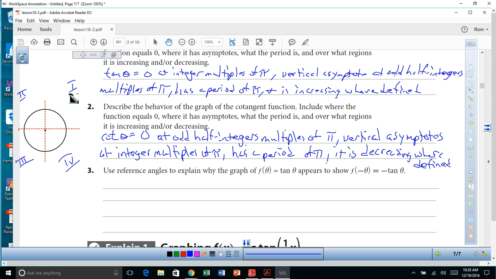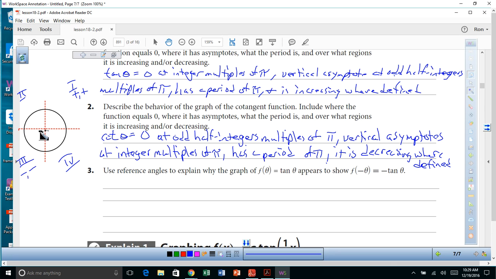Sine and cosine both are positive here, so tangent is going to be positive because tangent is sine divided by cosine. Over here in quadrant 3, they're both negative, cosine is negative and sine is negative, so tangent, again, is going to be positive.